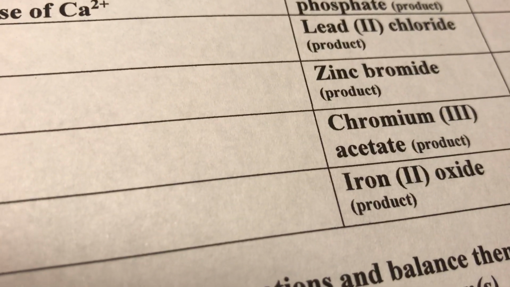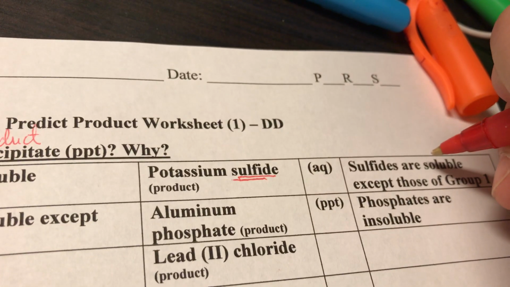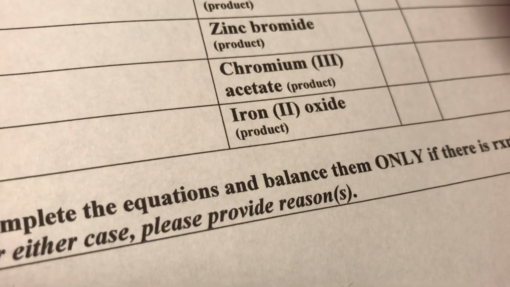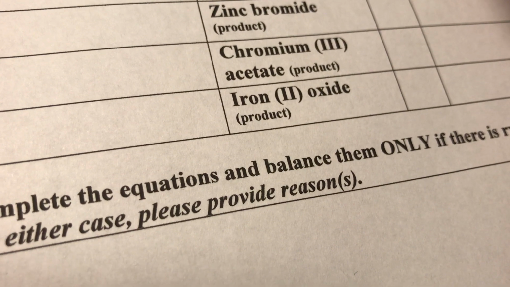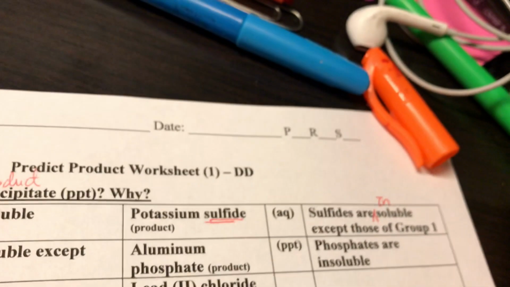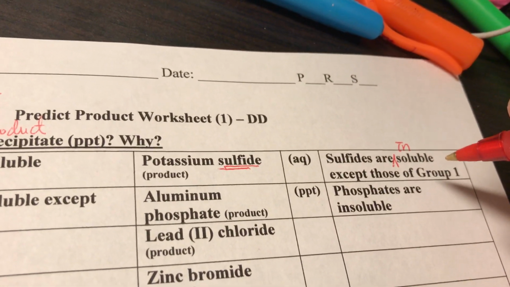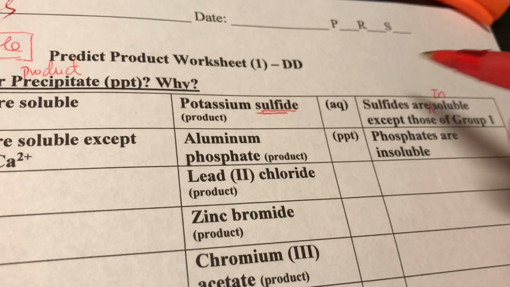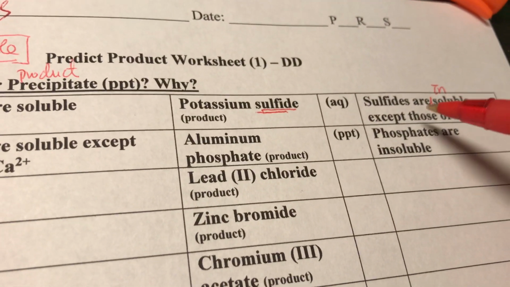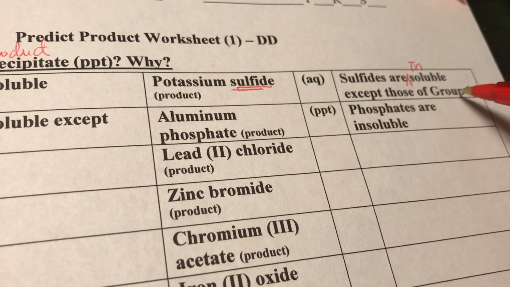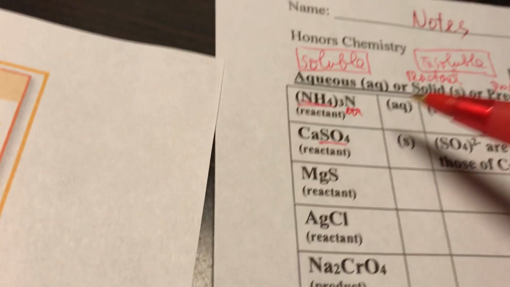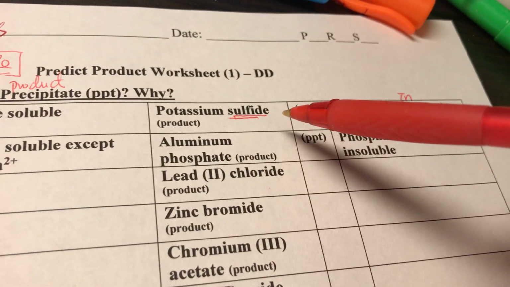So this should be insoluble. This is the error. Sulfides are insoluble except those of group 1, because it is written from here. Potassium is group 1, so potassium sulfide is soluble. If it's soluble, it is always aqueous.